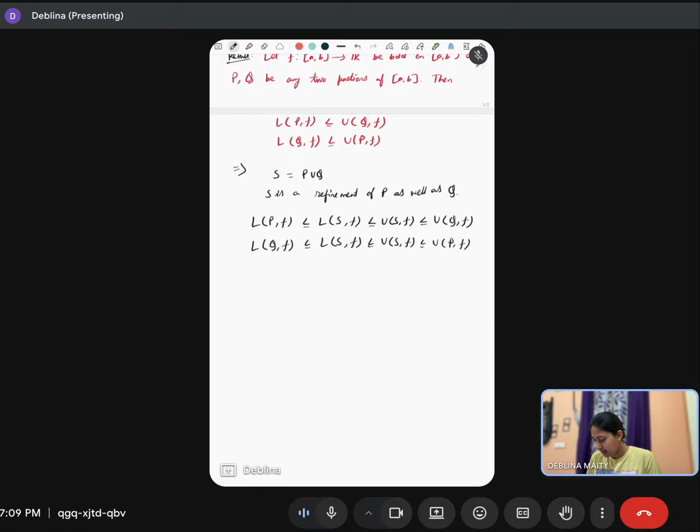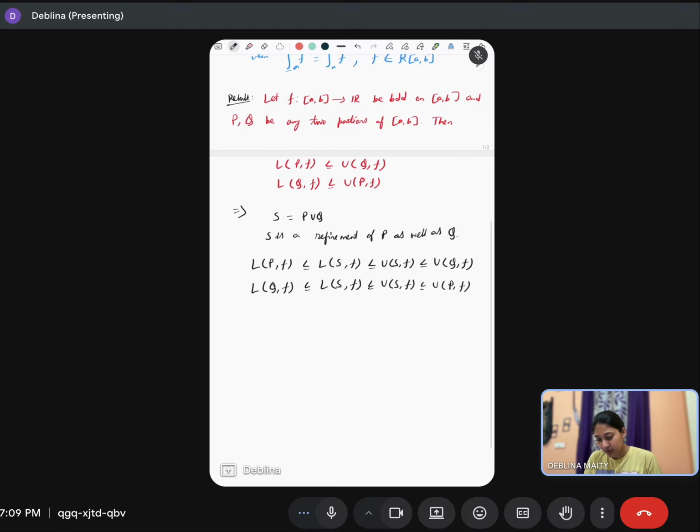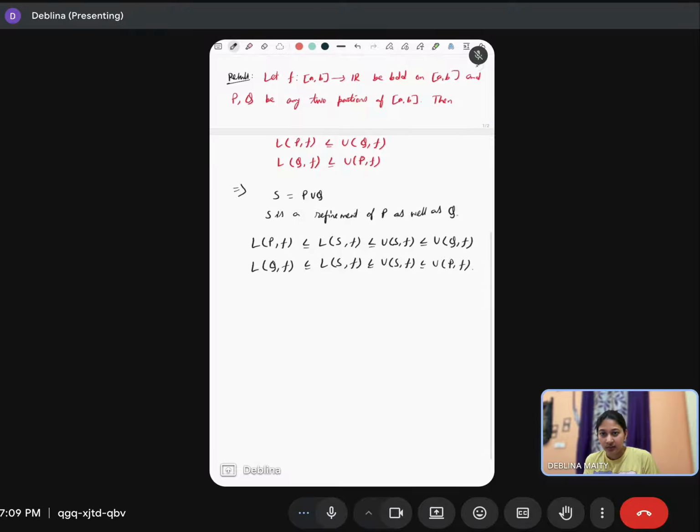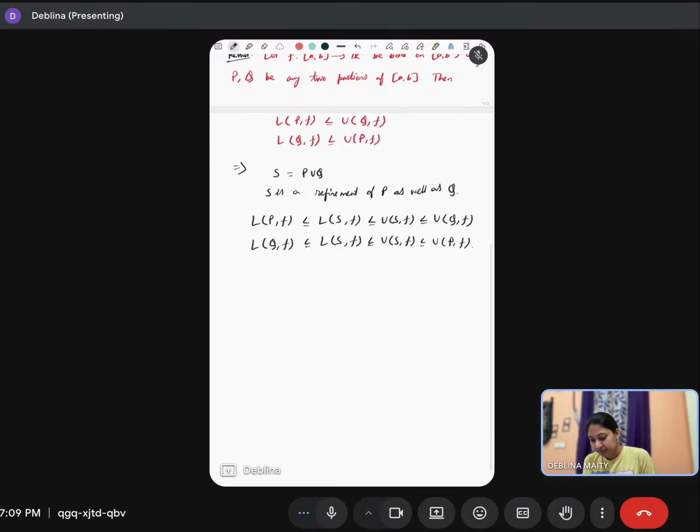So this is the proof. Our L(P, f) is less than or equal to U(Q, f) and L(Q, f) is less than or equal to U(P, f). So this is done.